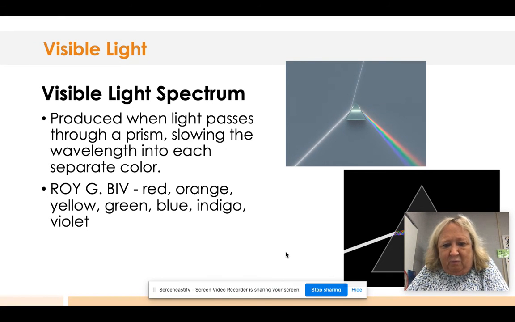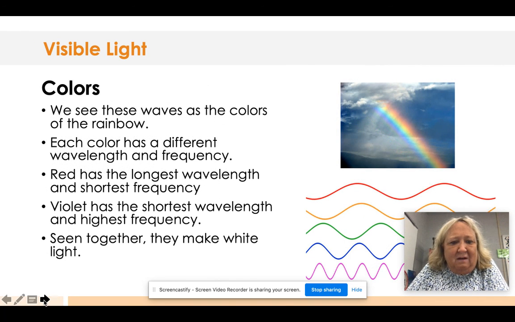The R is for red, O orange, Y yellow, G green, B blue, I indigo, and then violet. So if someone ever says, what are the colors? You can say Roy G. Biv. All right, there's the colors of the rainbow.